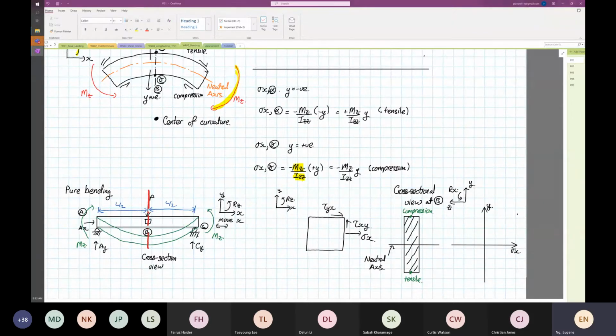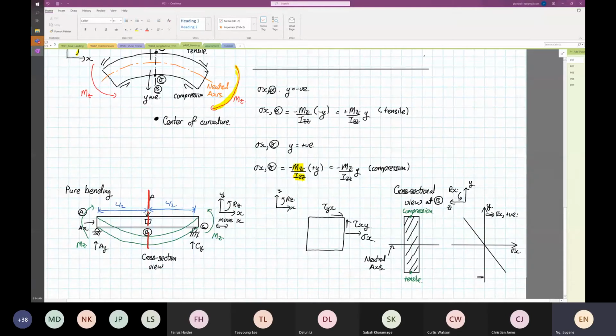To sketch this out, we know that at the top, it's going to be compression. Let me explain further. On this side of the graph, stress x is going to be positive.